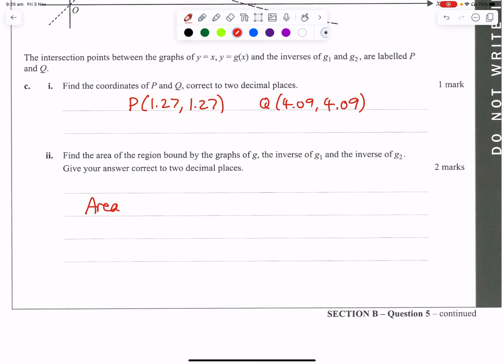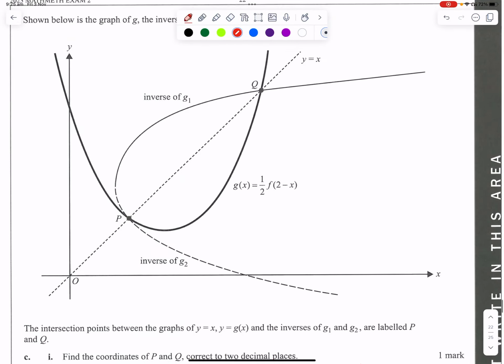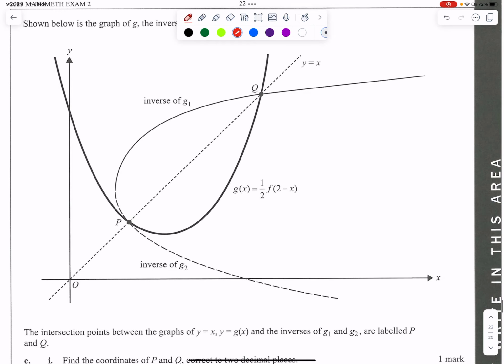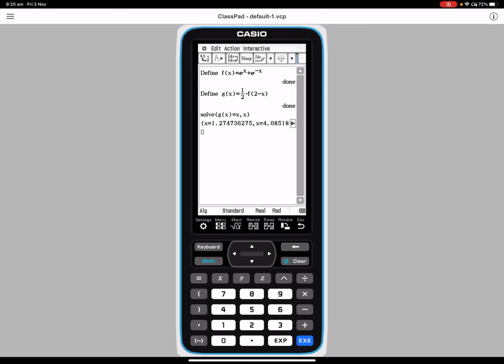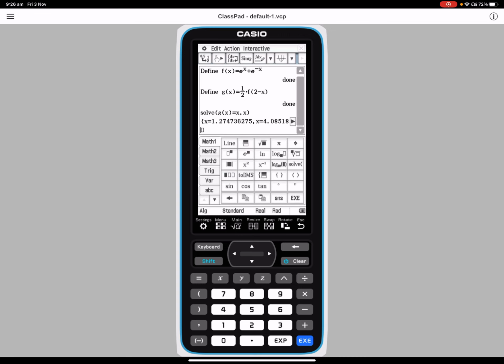So the area is 2 times the integral from 1.27 to 4.09 of x minus g of x dx, because g of x is that translated function.